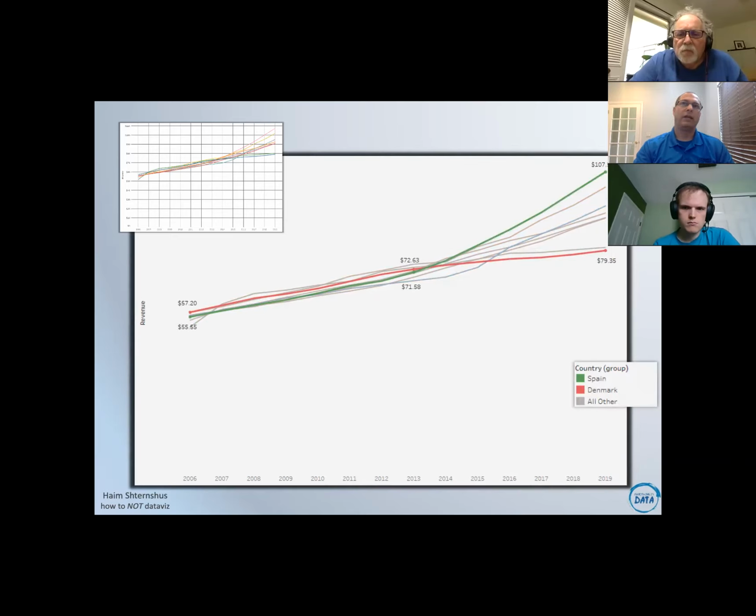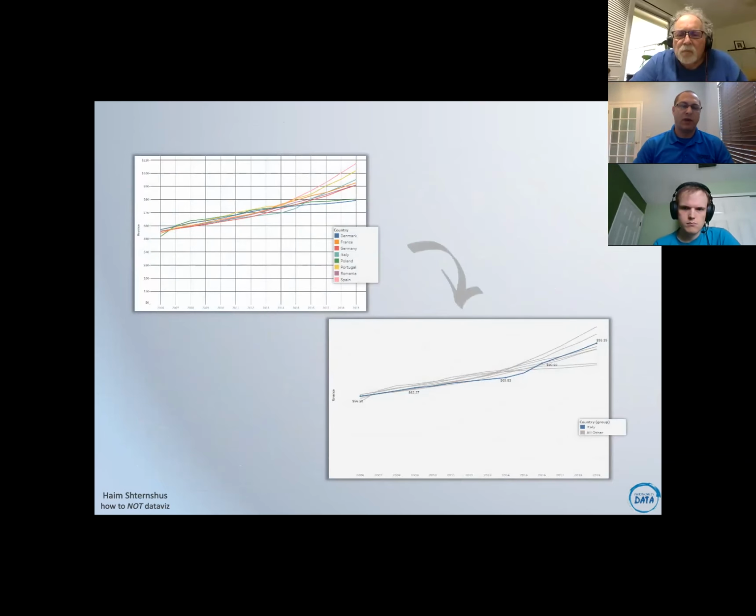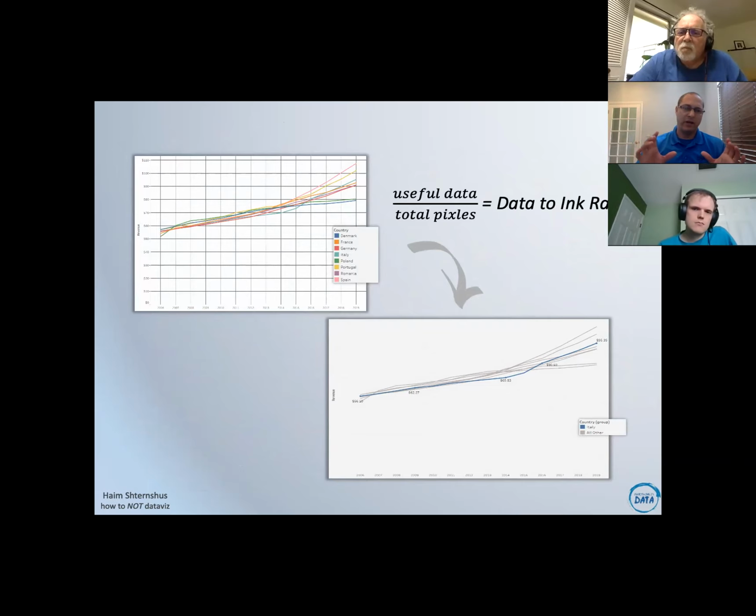Now, without really realizing this, what we actually did here was go through a process that allowed us to clean the graphs. And that process, in the dataviz jargon, is called optimizing or maximizing the data to ink ratio. Data to ink ratio is just a way of saying that I would like every piece of ink, every pixel of color on this graph, at the end of the day to actually mean something.